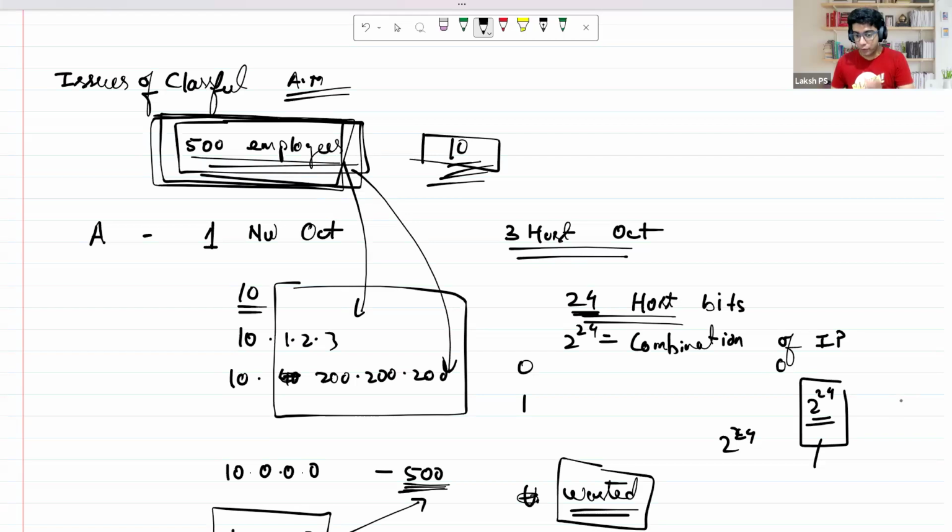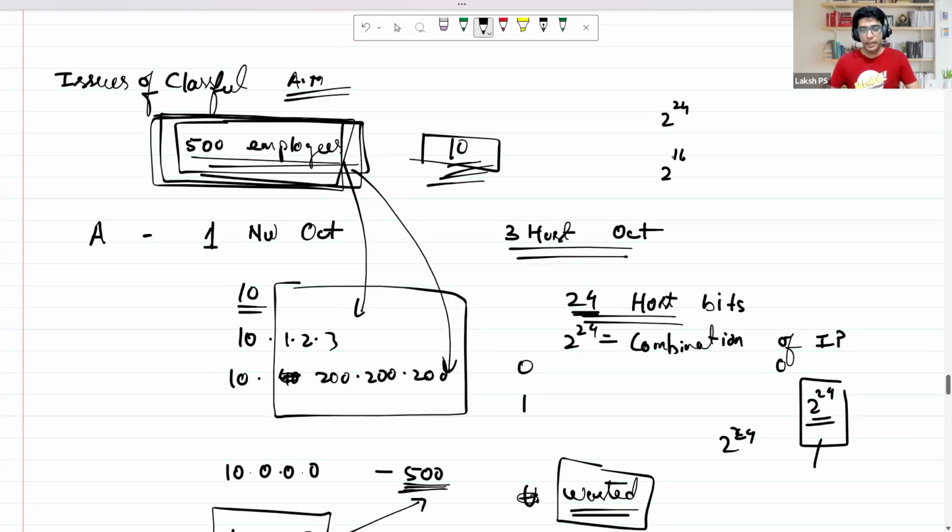He has to pay for the IP addresses that he will use, and also for the IP addresses that he will not be using. So in a class A or class B scenario, this is a huge problem, because in class A you have 2 power 24 host bits, and in class B you have 2 power 16 host bits, which is a huge number, and probably the customer may not need so many IP addresses.